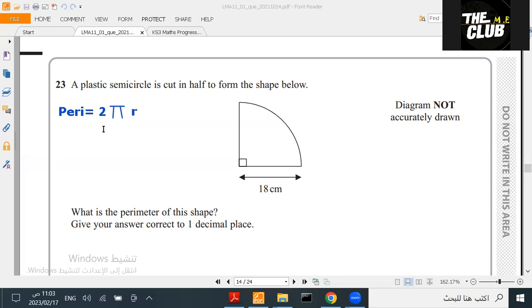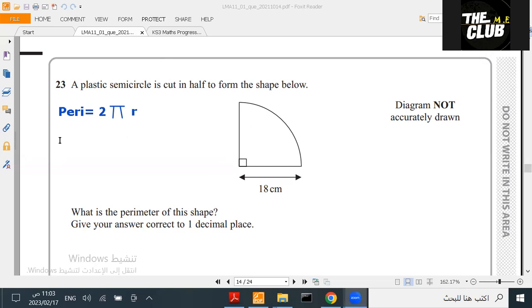Some mathematicians say circumference refers to a circular shape, but they use perimeter with circles all the time, so it's not a big deal. There's no difference. So perimeter equals 2 pi r. This is the whole circle.